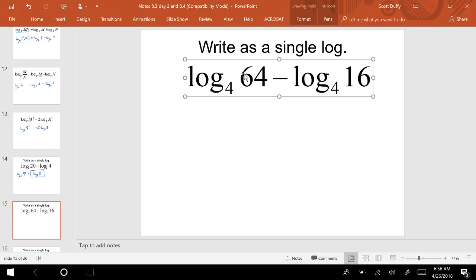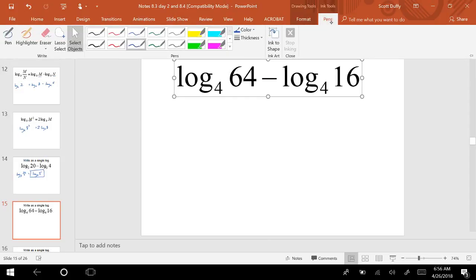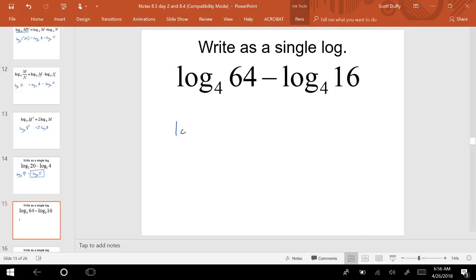Same base, log base 4 of 60, and then log base 4 of 16, subtracting them turns into a division problem.